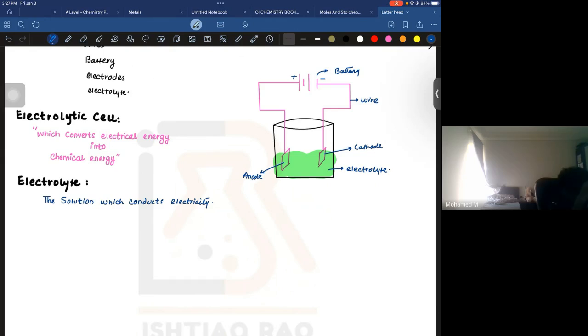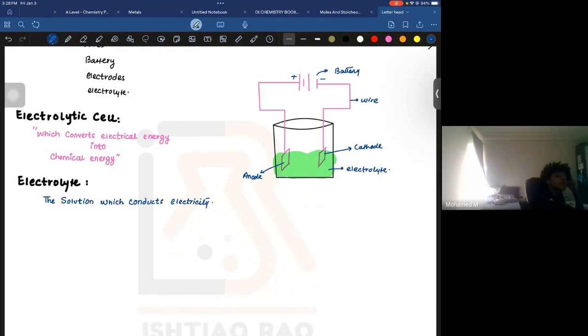But whenever you talk about ionic compounds, in their aqueous or molten state they have free ions. So you would write the reason for the conductivity of an ionic compound as that they have free ions. In solid sodium chloride there is no free ion, because it is in the solid state.